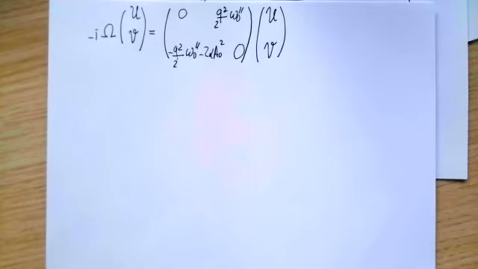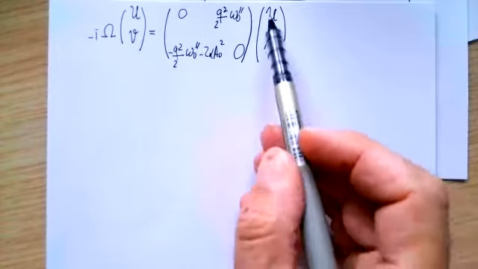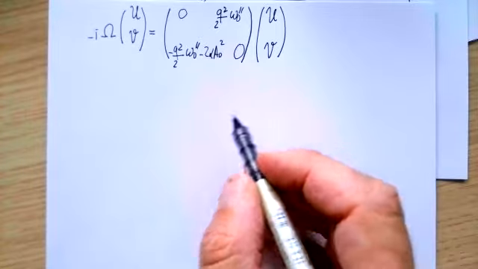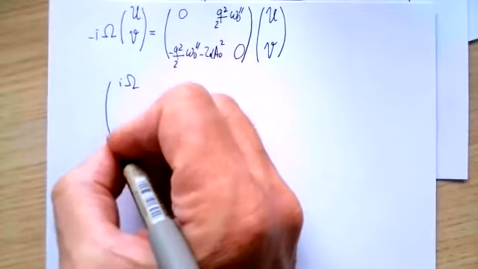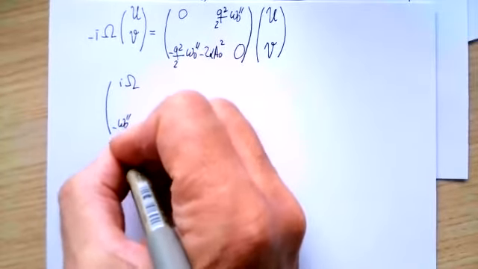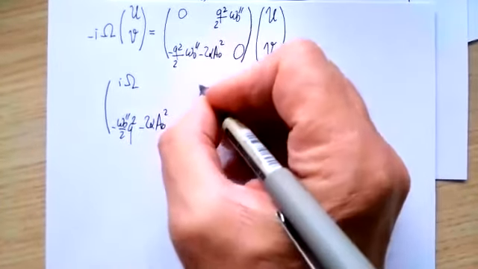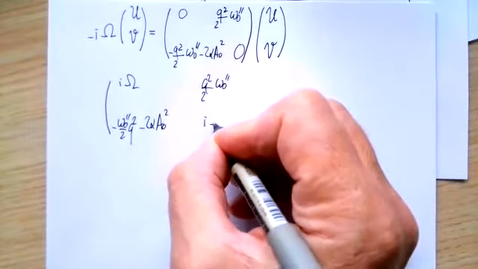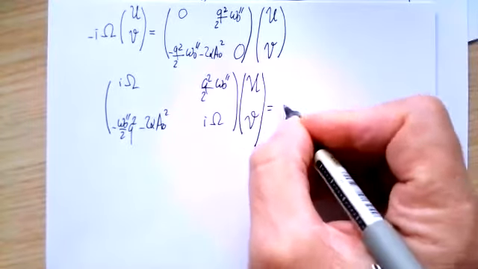Actually, it's a 2x2 system with two unknown functions, U and V. Okay, and this can be written as i omega minus i omega times U and V equals 0.